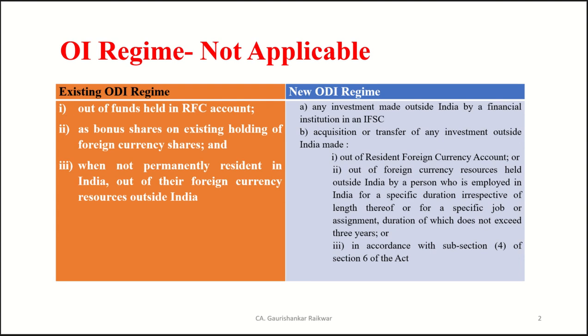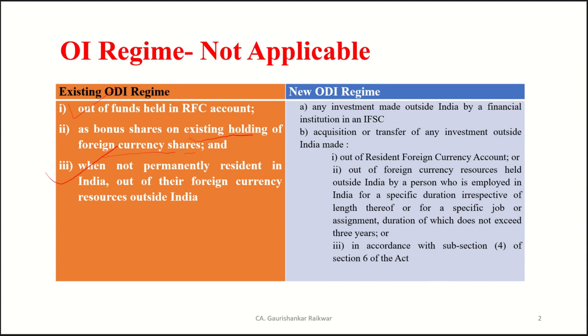First, out of the funds held in a resident foreign currency account; second, as bonus shares on existing holding of foreign currency shares; and third, when not permanently resident in India, out of their foreign currency resources. It means when a person is not a permanent resident in India, but has made the investment out of foreign currency earning resources outside India. In that case, this ODI regime was not applicable for these three categories of cases.